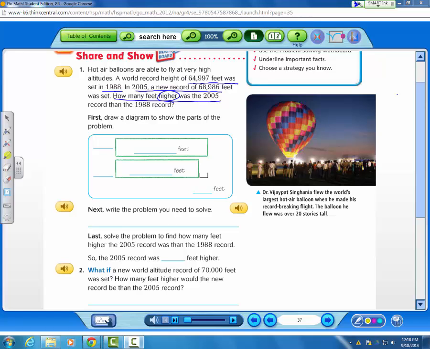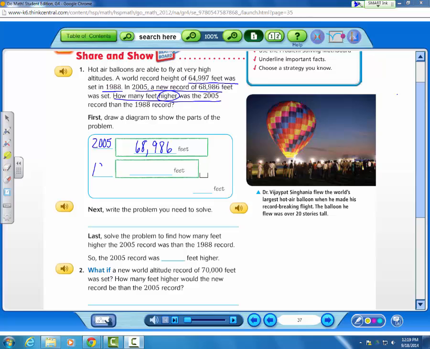Now it says that the 2005 was higher, so we're going to label our diagram with 2005 here because if that is higher, that would be our longer box. They said that in 2005 it was 68,986 feet.